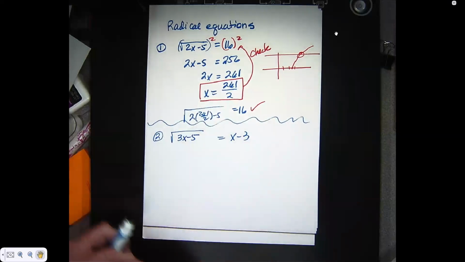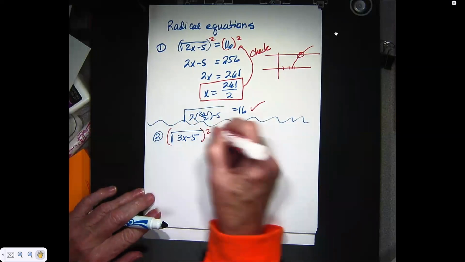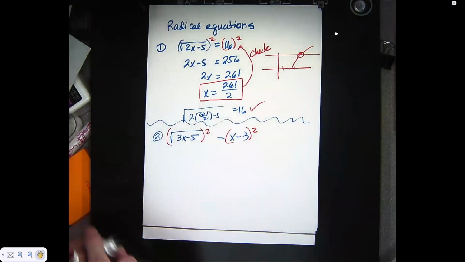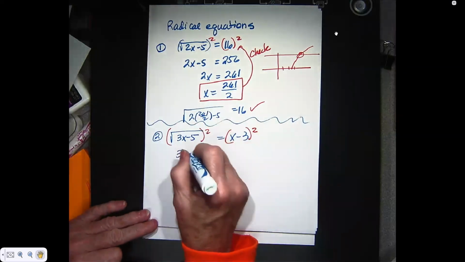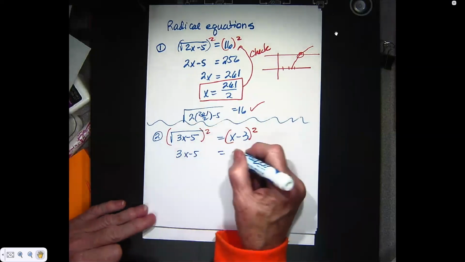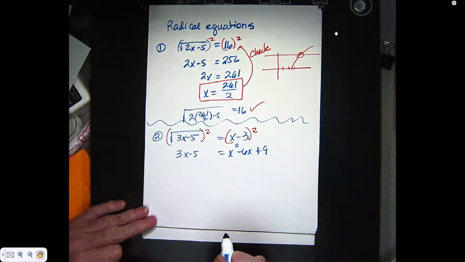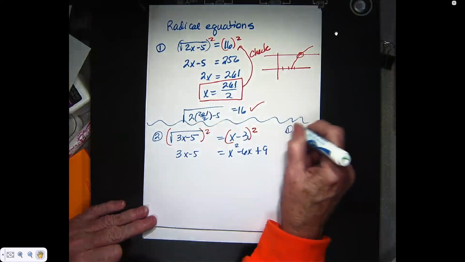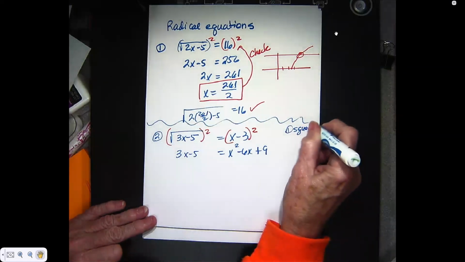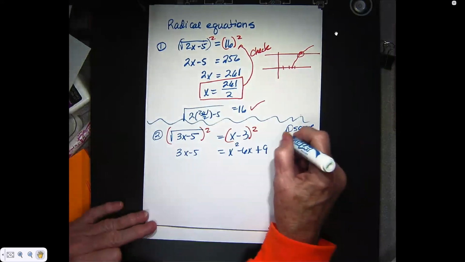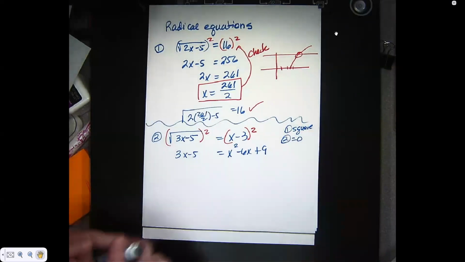So all I have to do at this point is to square both sides. So 3x minus 5 is equal to x squared minus 6x plus 9. And then you're going to set it equal to 0 to solve for x.